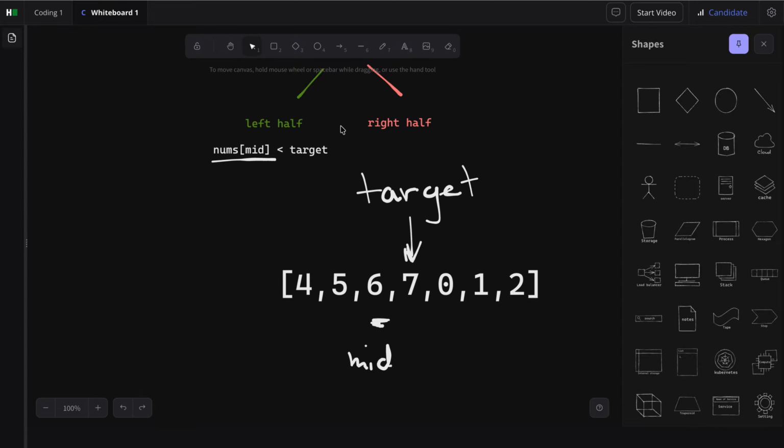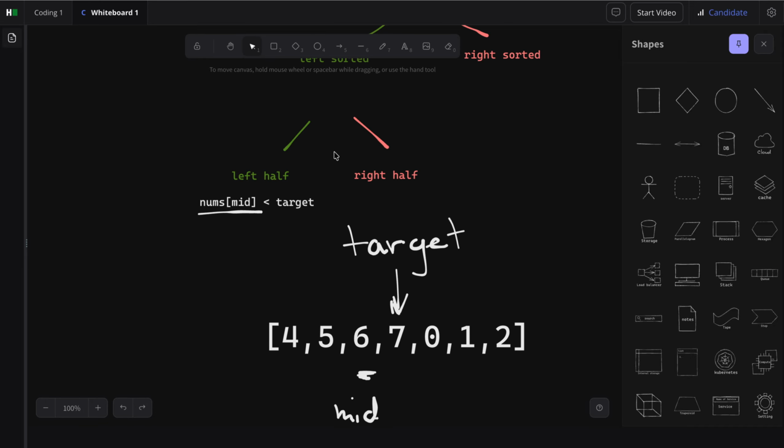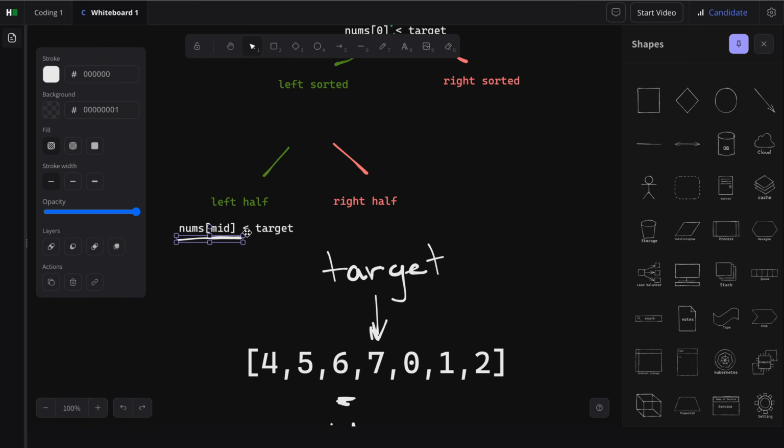And then else, do we need? No, so I think it still makes more sense to just keep it up here.